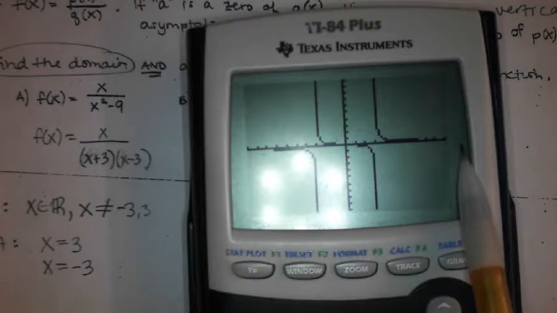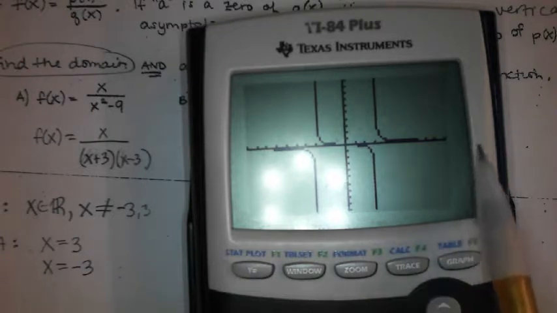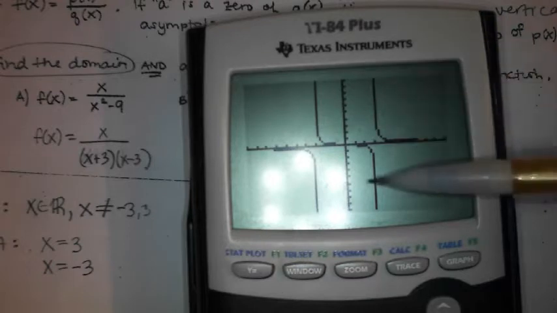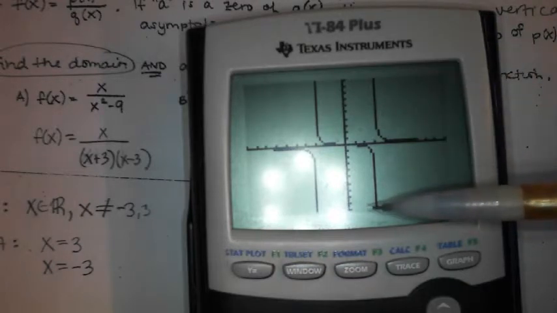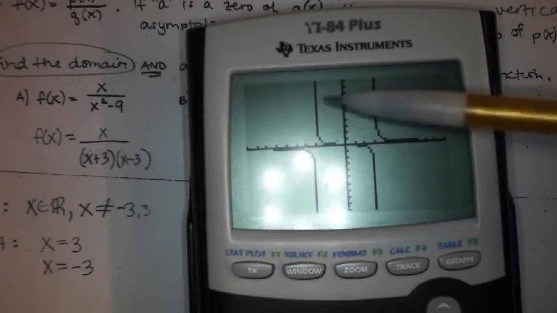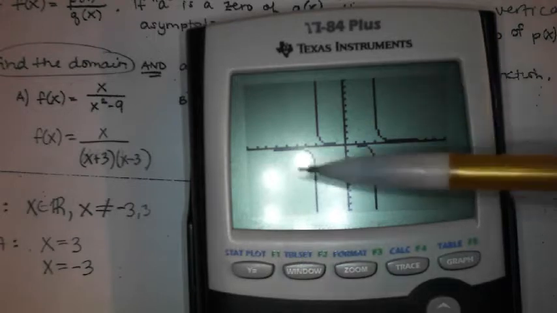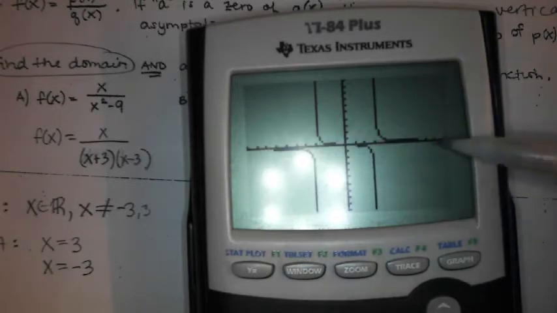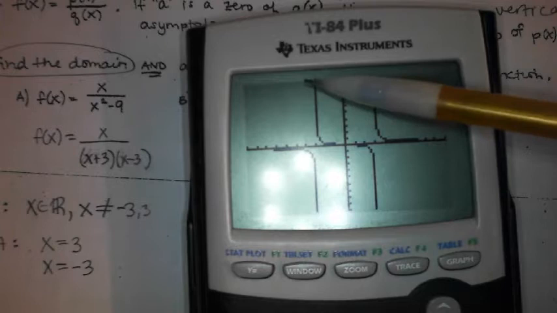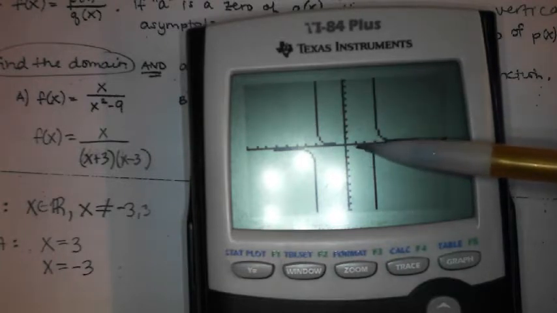Here's one key difference that you may not know about asymptotes. Vertical asymptotes cannot be crossed. They're undefined points on a graph. Horizontal asymptotes can be crossed. So this central part of the graph is crossing, and we do achieve a value of y equals 0.